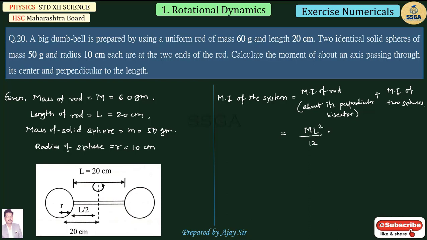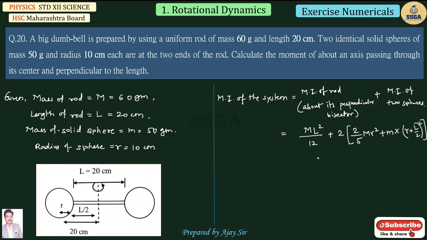This is the moment of inertia about an axis perpendicular bisector. Therefore, for the two spheres, 2 times, it is 2 upon 5 mr square plus small m into r plus L by 2, bracket square.